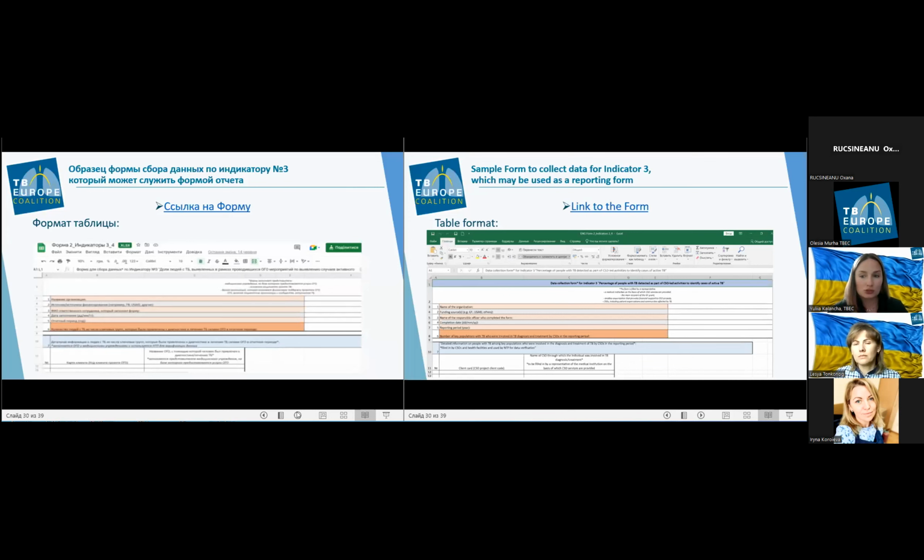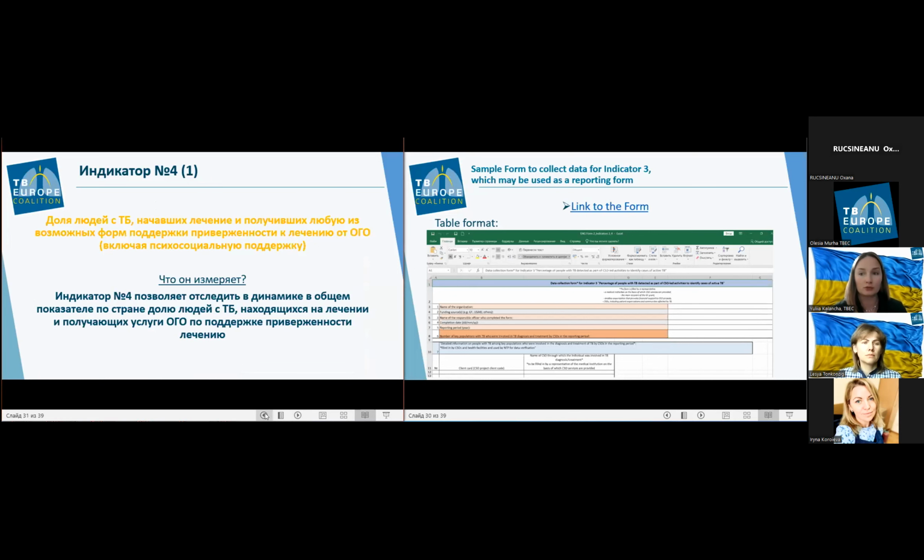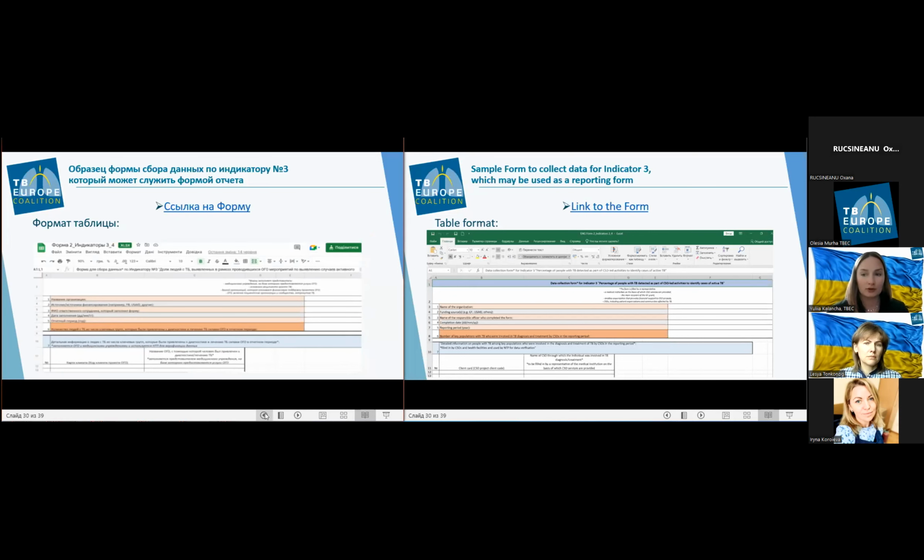It is clear that all countries have their unique approaches, but the approach to data collection should be more or less unified. If we talk about the civil society organizations, it is the same.